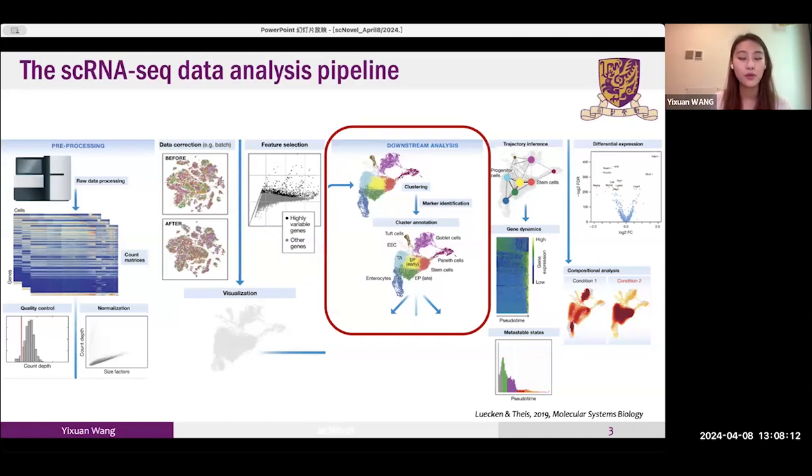The downstream analysis usually involves aspects like cluster or cell annotation, trajectory inference, differential gene expression analysis, and so on. A fundamental and essential step in the downstream analysis is the clustering or cell annotation of the single-cell RNA sequencing data.